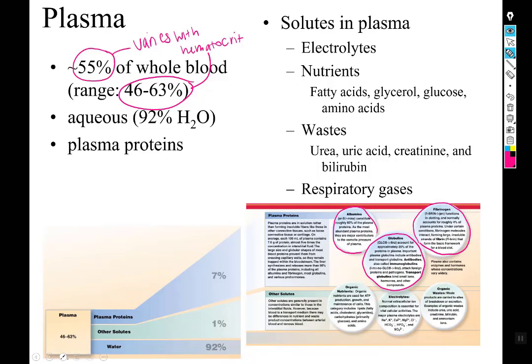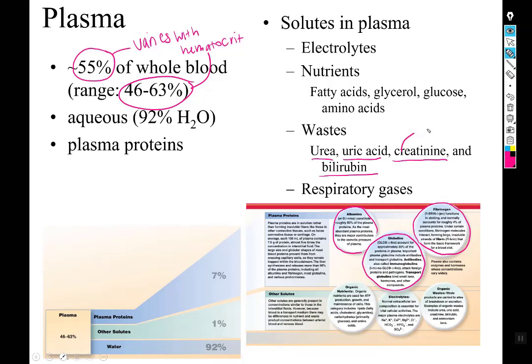There's also solutes, including electrolytes, like the big three cations I mentioned, as well as nutrients, because of course, the blood is how nutrients get delivered. Wastes are also carried away from tissues by plasma. So they don't enter the red blood cells in general. They stick around in the plasma. These include urea, uric acid, creatinine, and bilirubin.